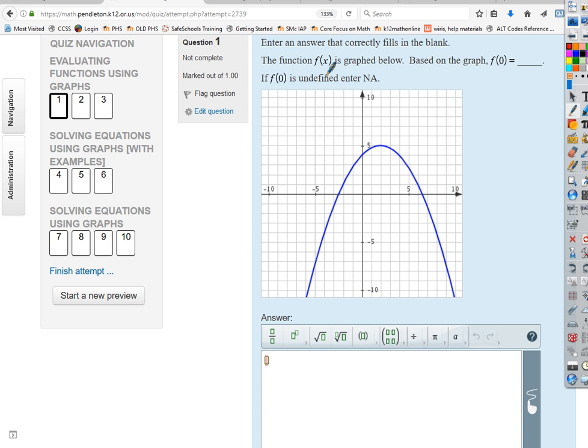In this case, it's a value of x. We're plugging that in. And the answer that we're trying to find here is, this is our shorthand math way of saying: what is the value of the function when x equals 0.